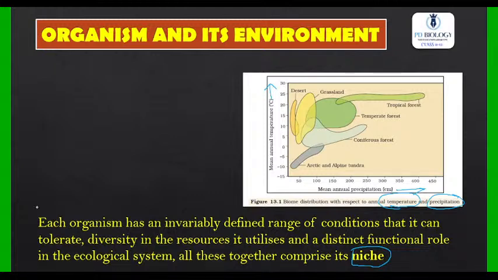Here you see that different zones are there. So the tropical forest, grassland, desert, temperate forest, coniferous forest, Arctic and alpine tundra are according to their distribution in biome.